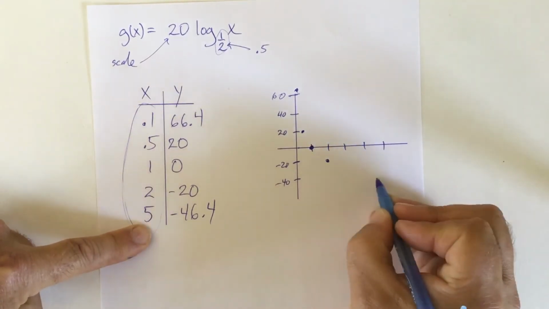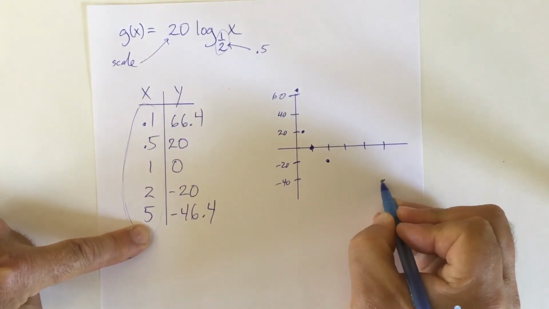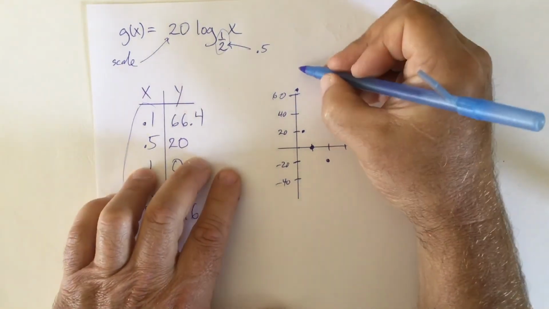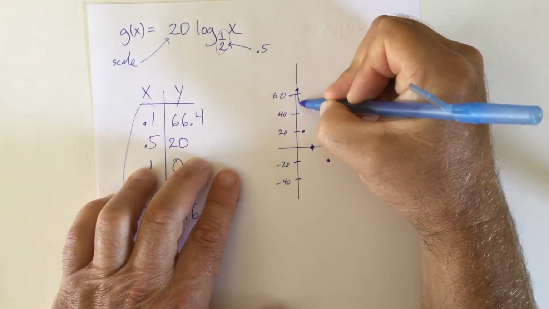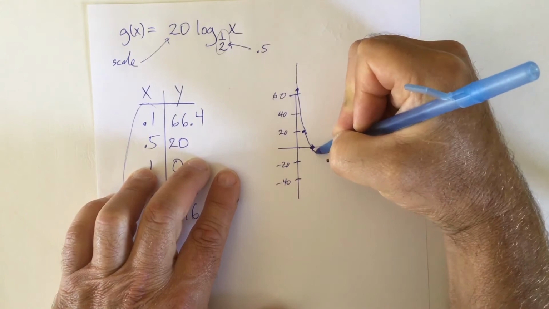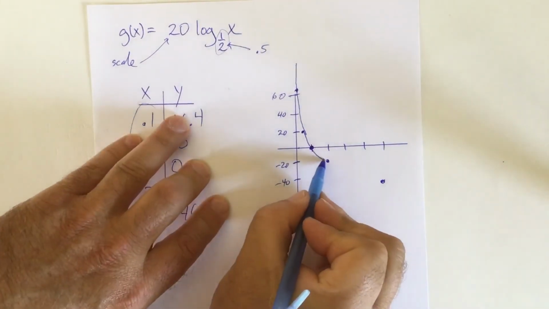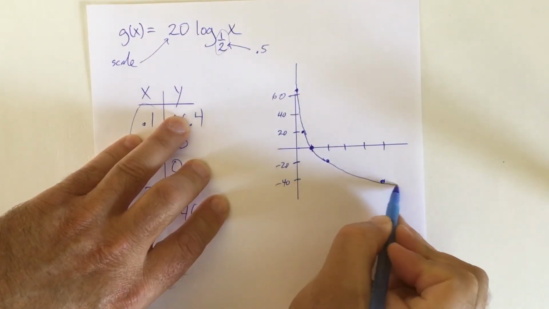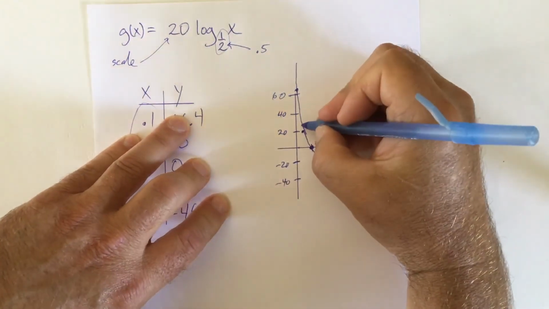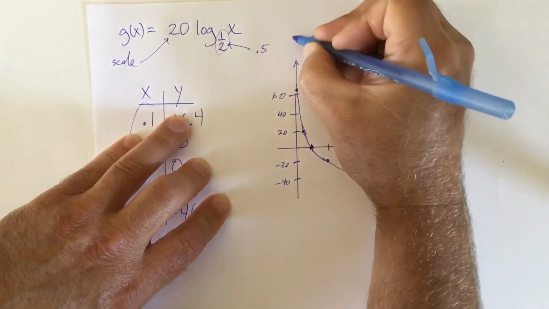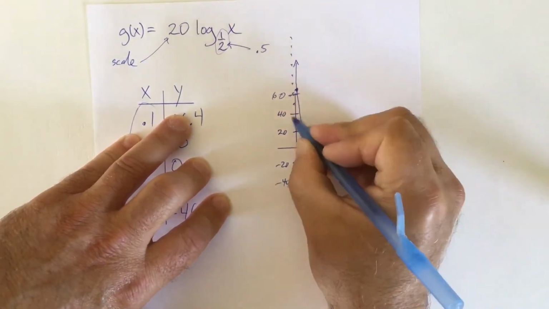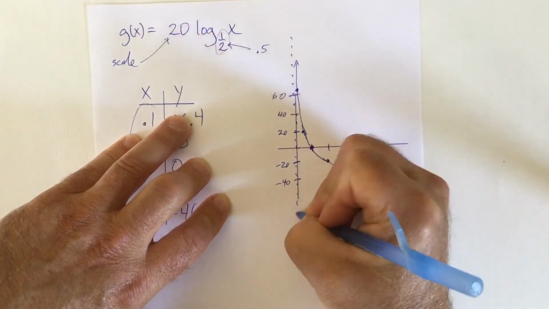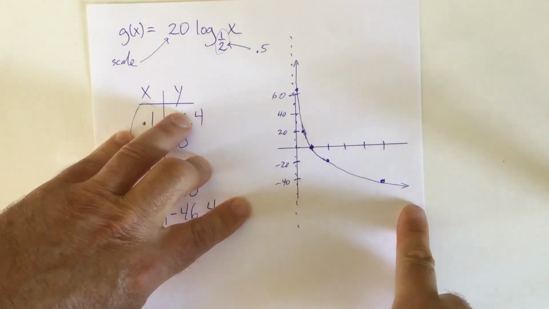And then I got a negative 46 way over here. And let's connect these dots. Remember, it's going to go up forever. Okay, there's not supposed to be a break. And guess what? There's my asymptote. It totally is asymptotic there. Oh, yes. And it swings down.